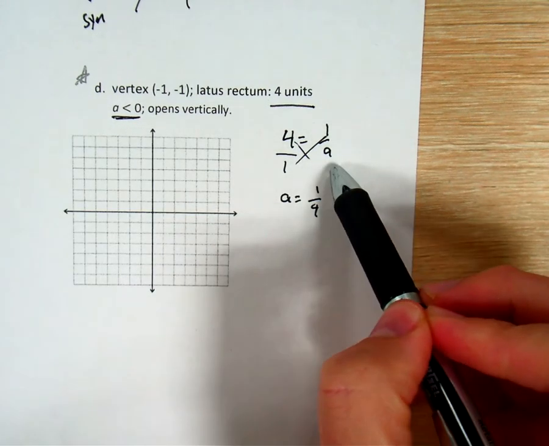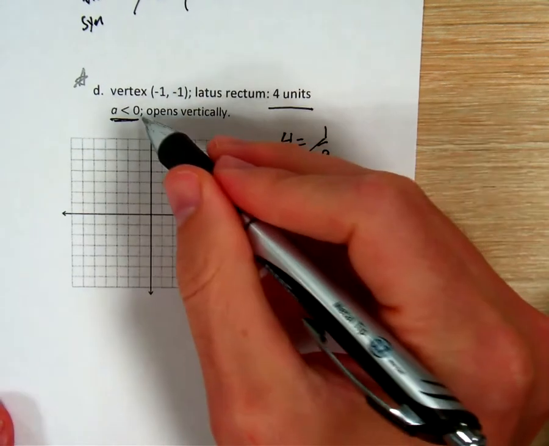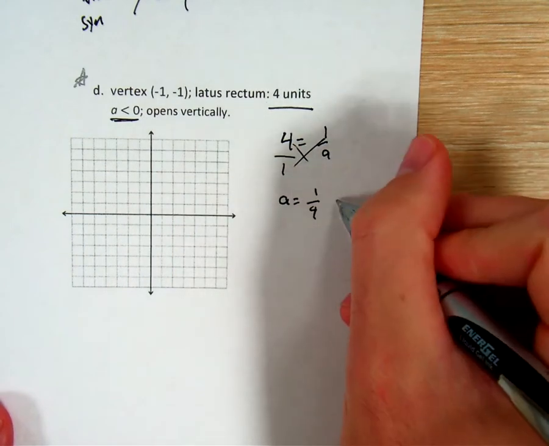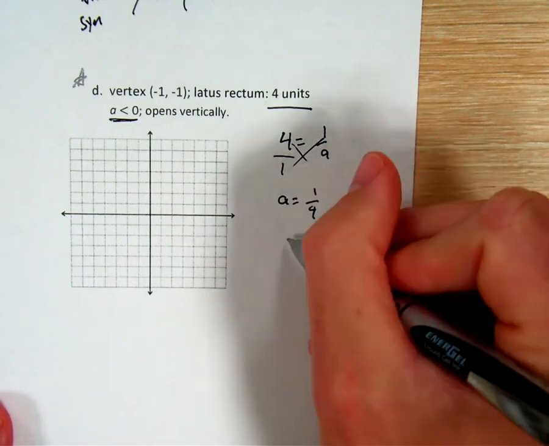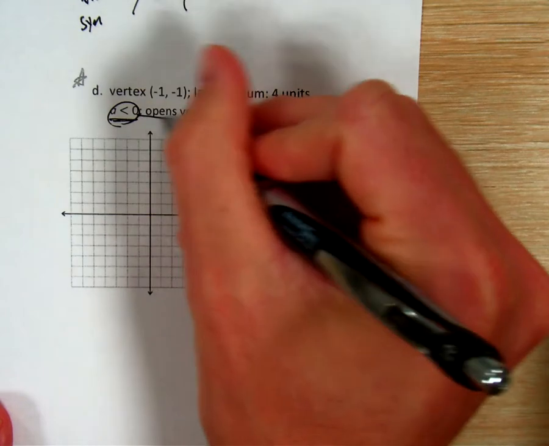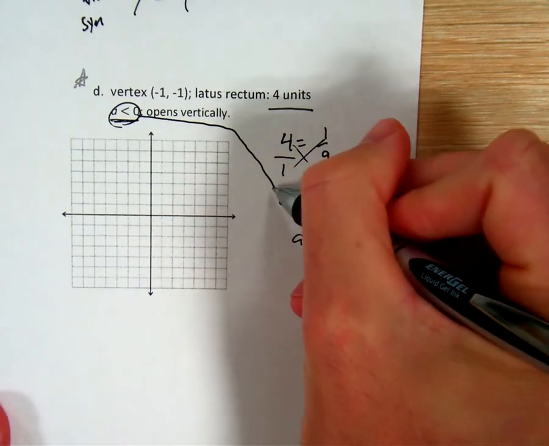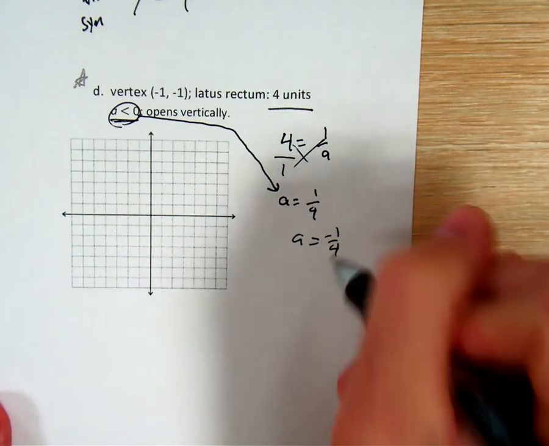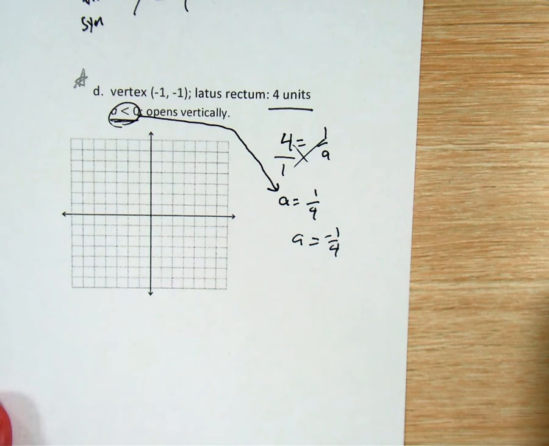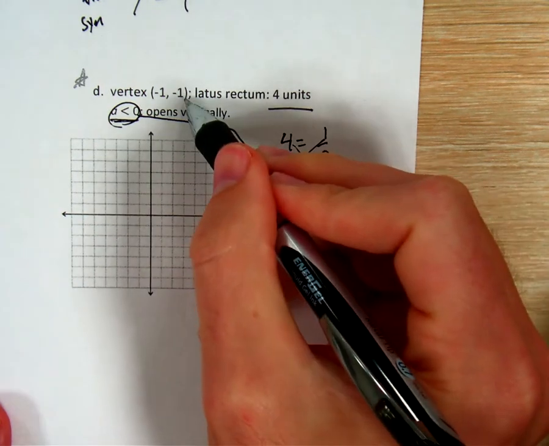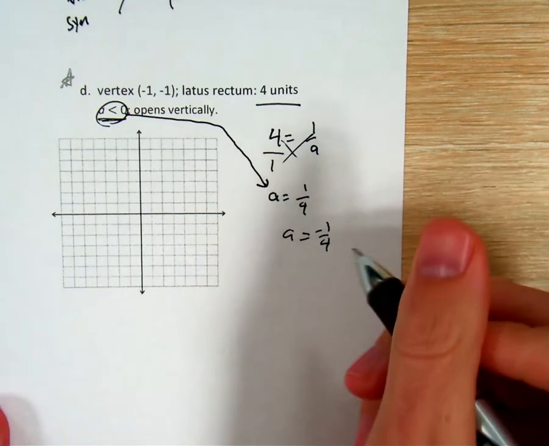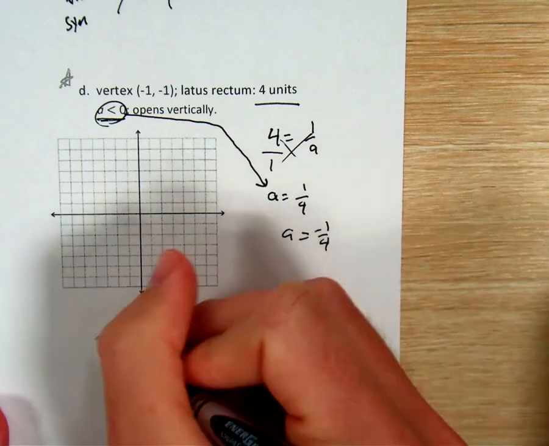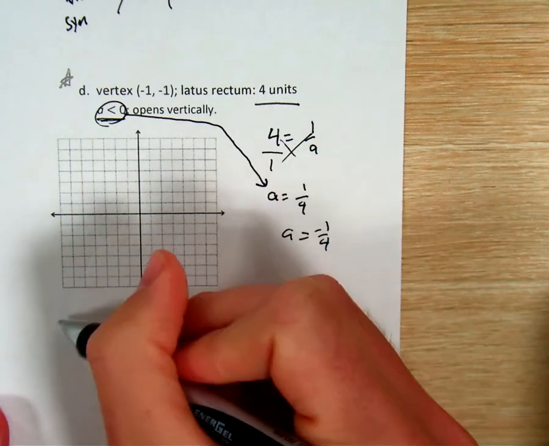So that's why they give us this, to tell if it's positive or negative, because it was in absolute value bars. So less than 0 tells me this is going to be negative 1/4.